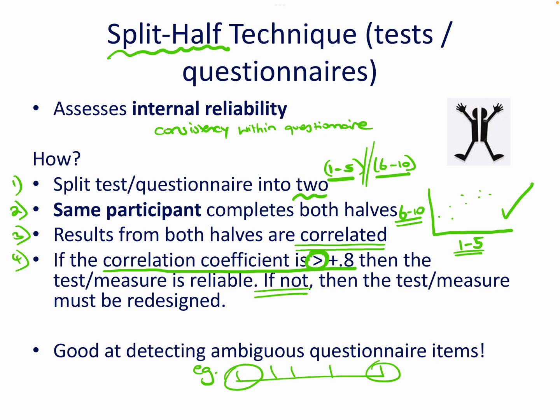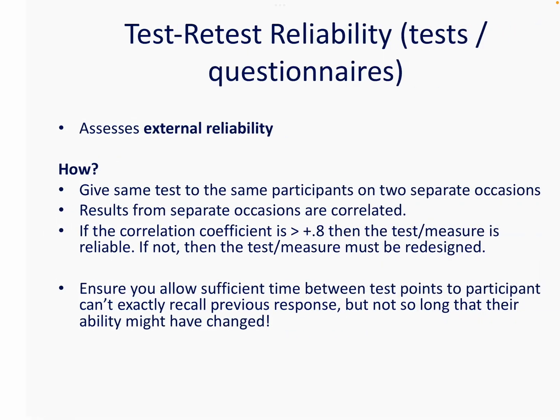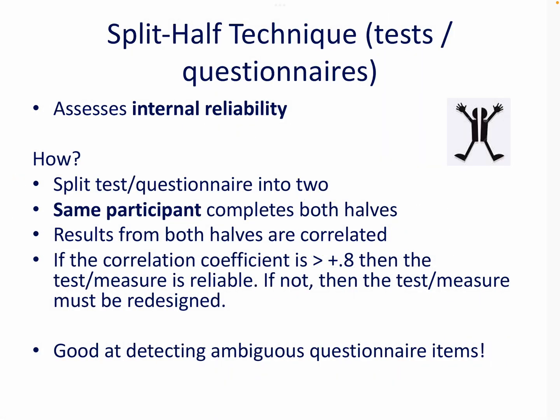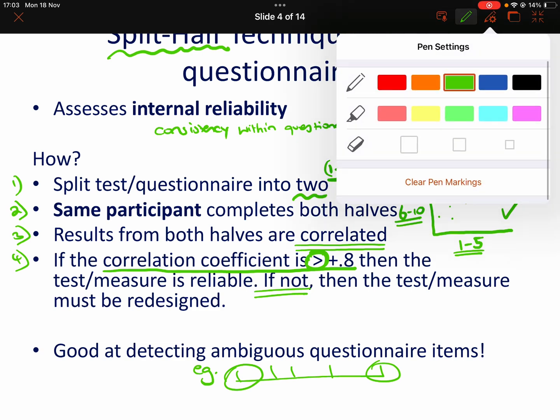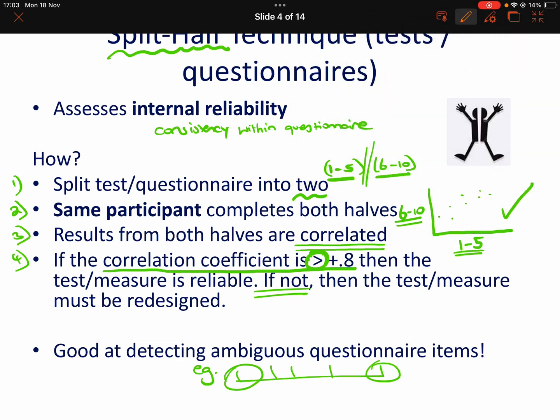Split half technique is really good because when we split the questionnaire into halves, if those ambiguous items are not equally distributed across the two halves, so for example, sorry, the animations aren't working very well with the annotations. If there are a couple of ambiguous items here, but not here, then that's going to reveal itself in the split half technique. It means that we're going to result in a really low correlation.